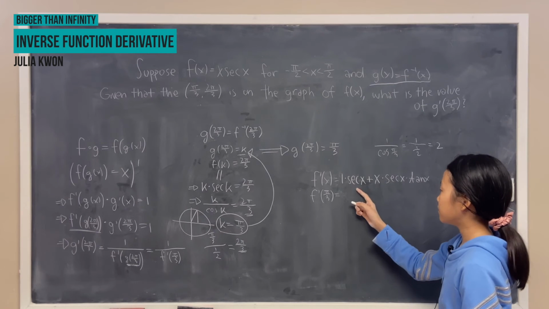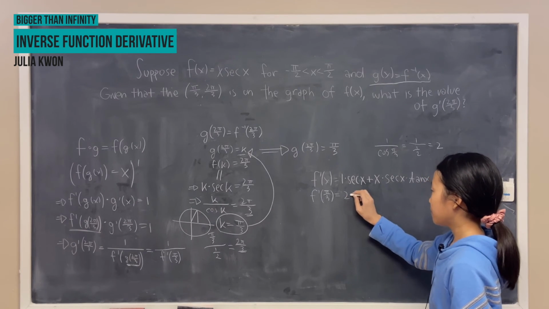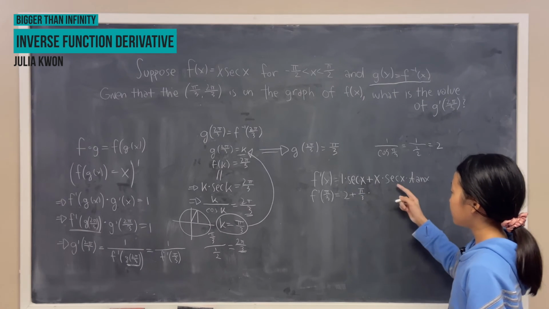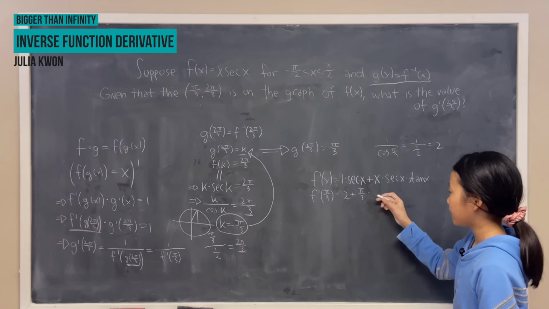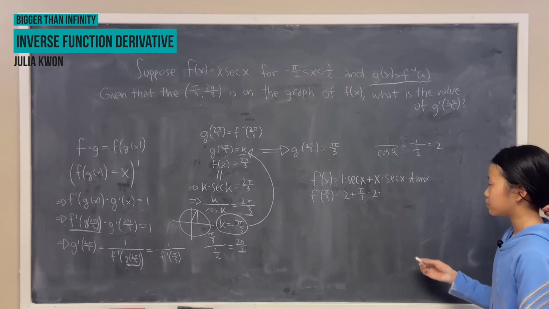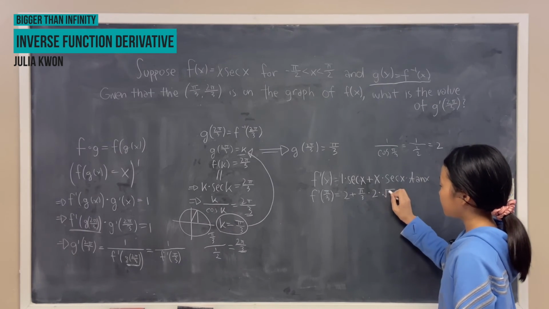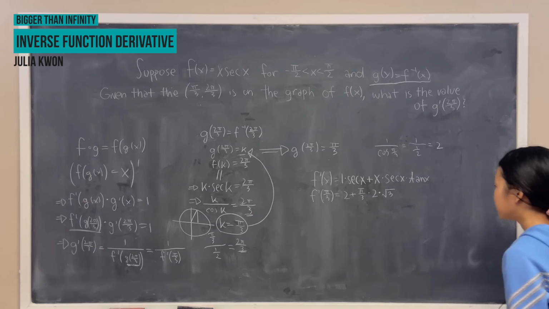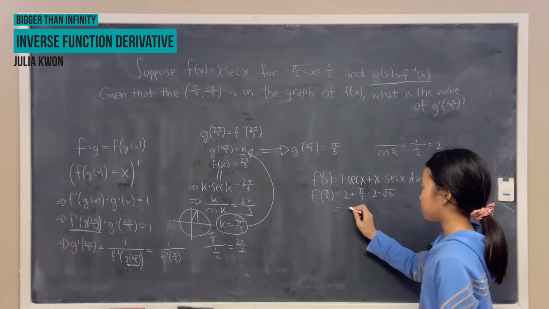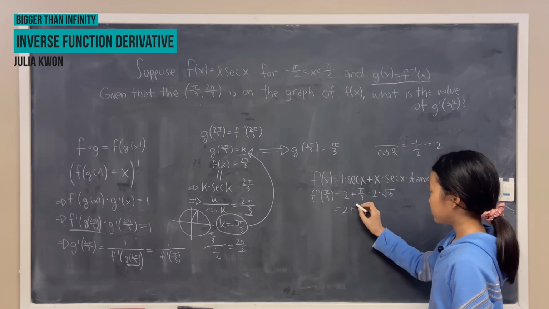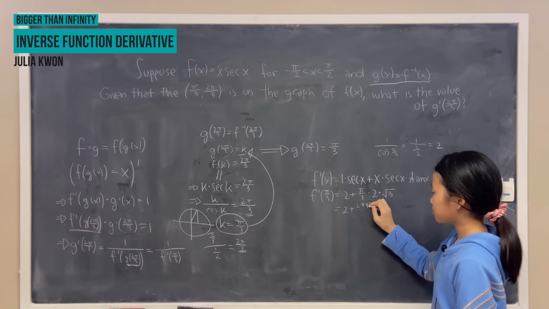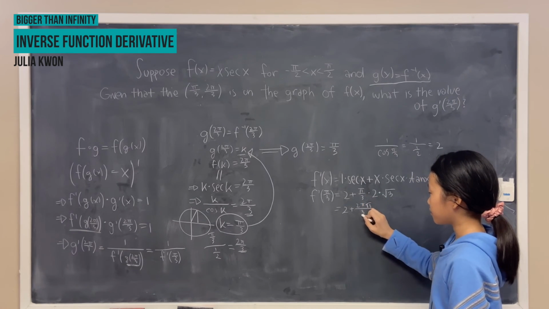So secant pi over 3 is equal to 2, plus x, which is pi over 3, times secant pi over 3, which again is 2, and times tangent pi over 3, which is square root of 3. So now we can simplify this a little bit, which would get us to 2 plus 2 pi times square root of 3 all over 3.